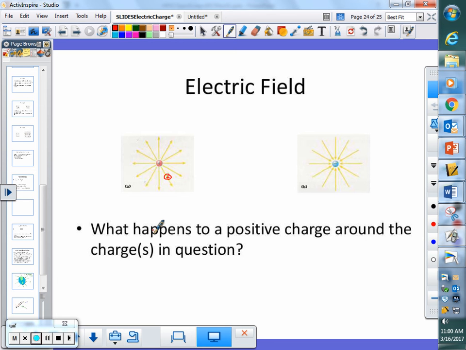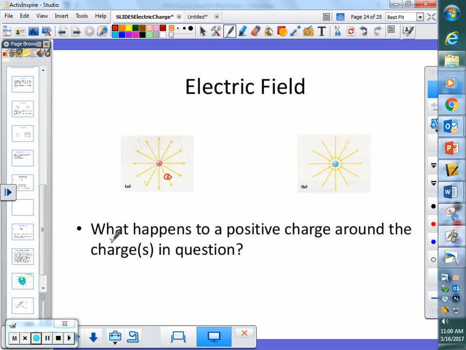It'd be repelled, and that's why that arrow points outward. Regardless of where we took this proton, if we brought it up here, it would still be repelled. If we brought it over here, it would still be repelled. So those arrows, which we call the field lines, represent what would happen to another proton.